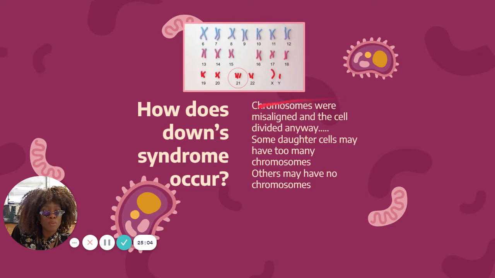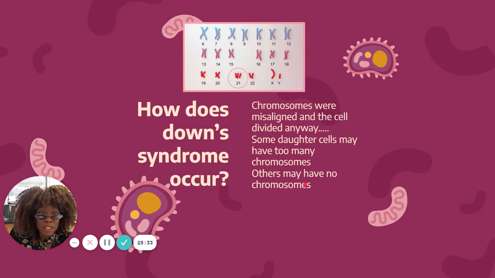Well, if chromosomes are misaligned, so the spindle fibers didn't grab them correctly, and the cell continued on dividing anyways, somehow, because sometimes it has a checkpoint, but does that always work? Not always. Sometimes, like I said, cells make mistakes just like anything else in the world makes mistakes. So if the chromosomes are misaligned and the cells divided anyway, then some of the daughter cells may have too many chromosomes and others may have no chromosomes at all.